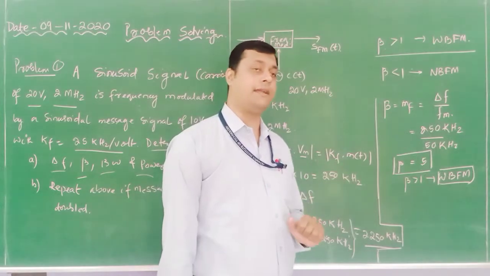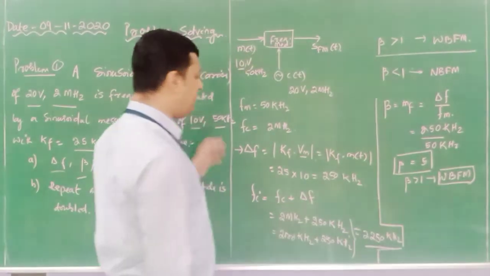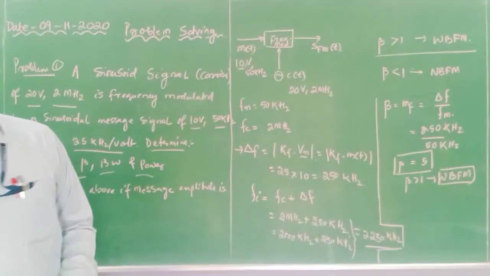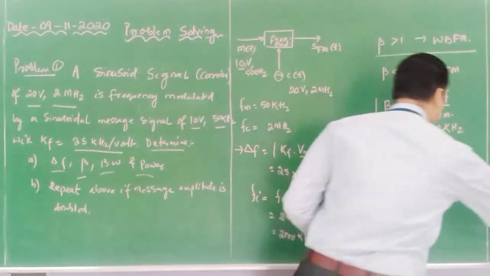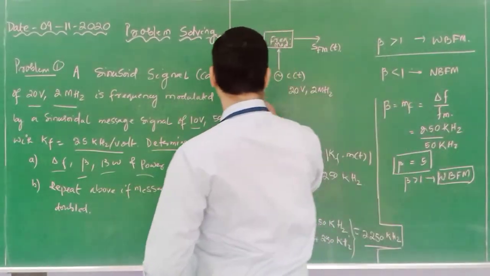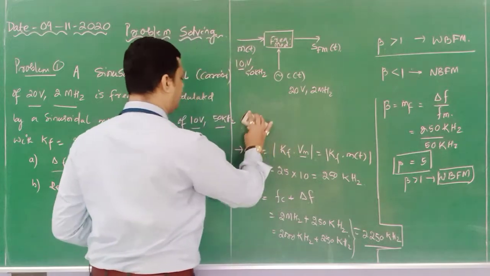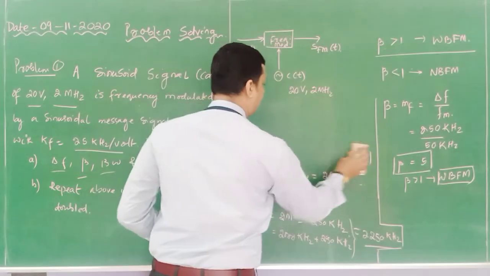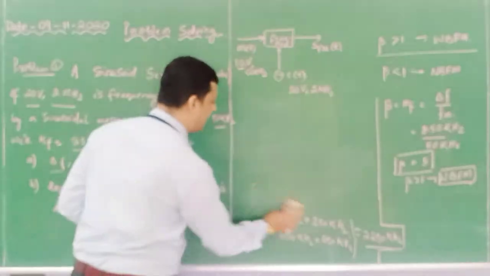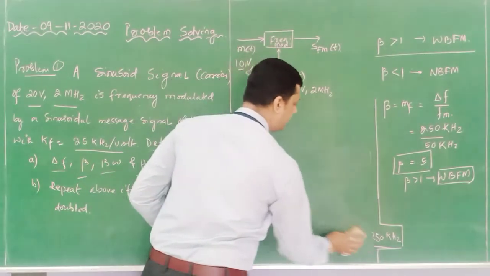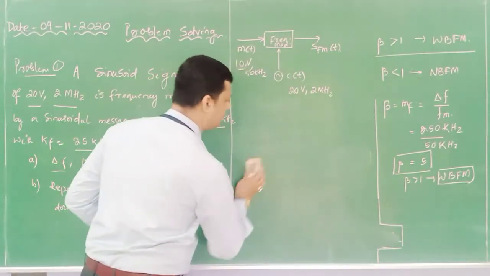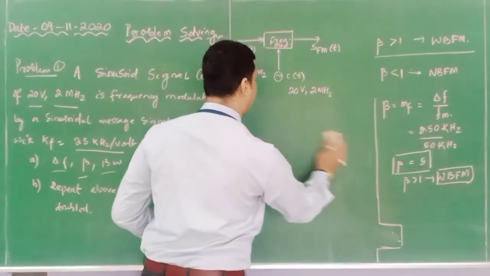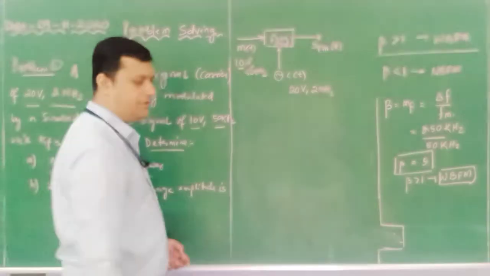Next we have to determine the bandwidth. How are we going to calculate the bandwidth of this FM signal? Since it is a WBFM, there is a formula called Carson's rule, with the help of which we can determine the bandwidth of a WBFM signal.